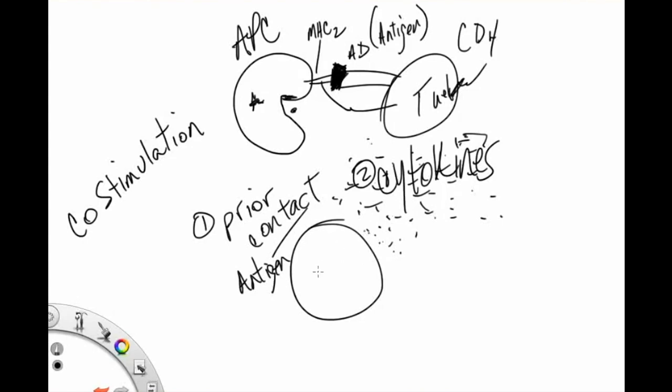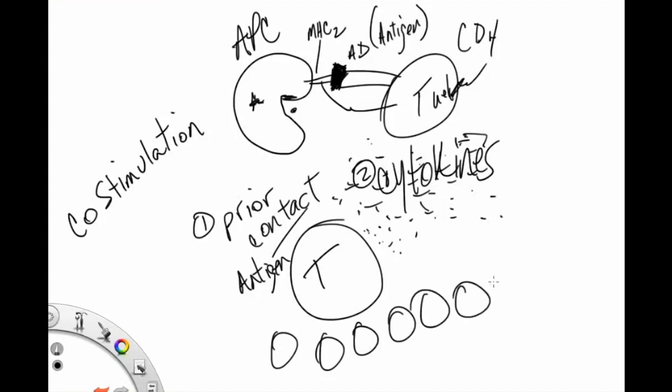So what can this T cell, this old generic T cell now do? It absolutely, positively is going to go through clonal selection. It is going to clone itself. Some of the clones are becoming memory cells.